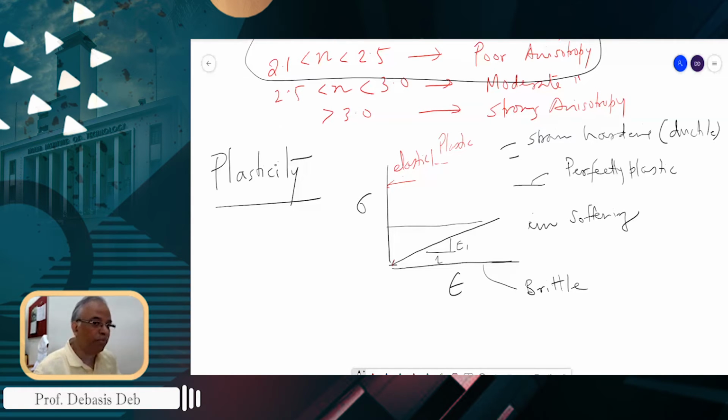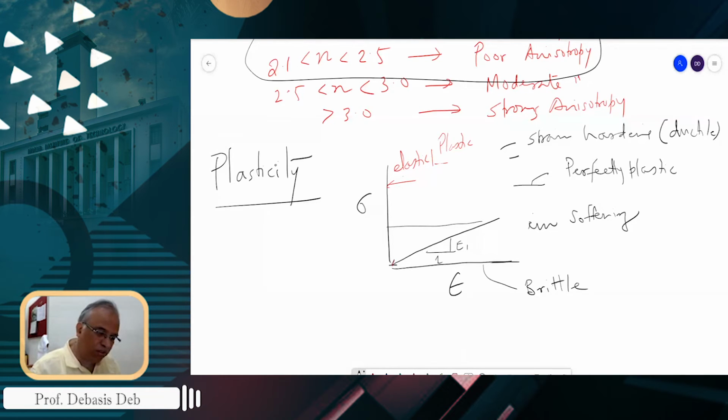Okay. So this is what elastic is, and then once the material crosses a certain limit, we normally call it yield stress or yield strength, or UCS, uniaxial compressive strength, or uniaxial tensile strength, whichever mode we are testing the rock or the metal or any other solid material in, whether in tension or in compression.